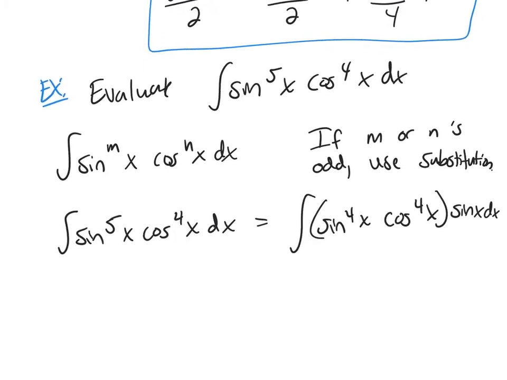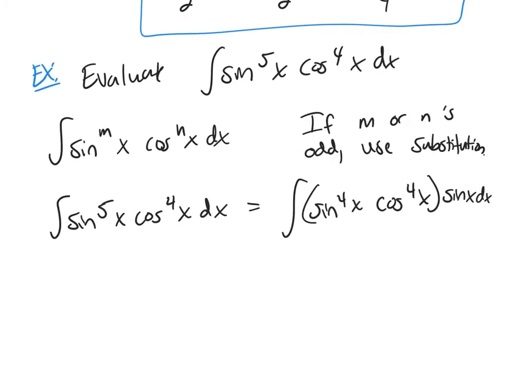Okay. And now, what we're going to do is take the rest of the sines that were left, and you're going to write them in terms of cosine. So, first thing I'm going to do is view this as sine squared squared.